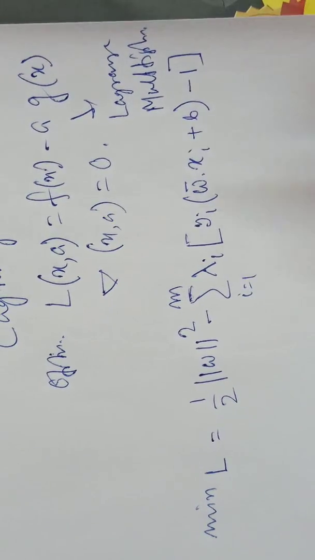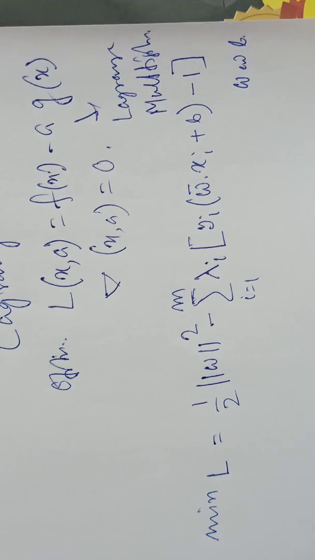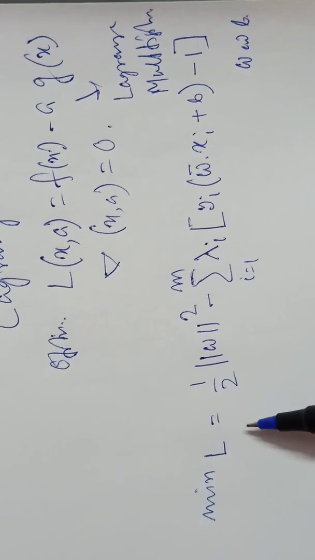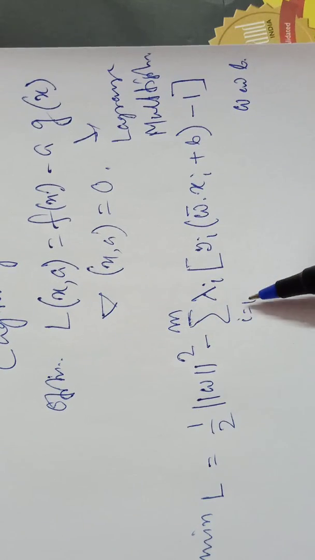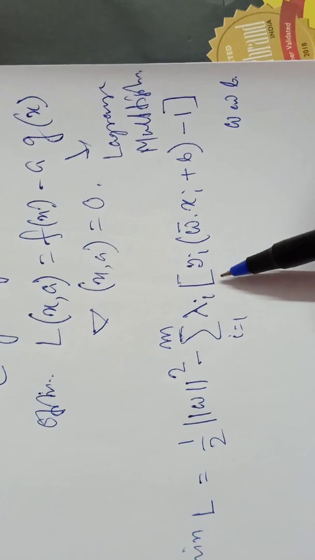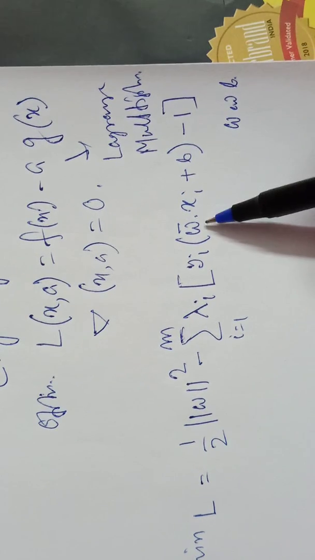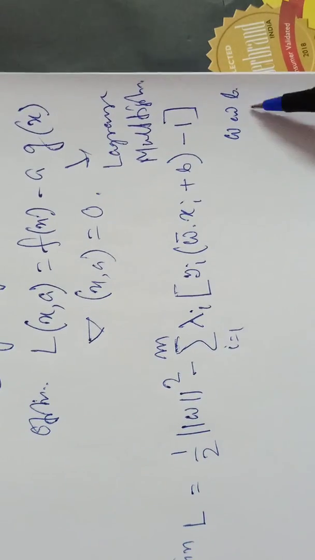Okay, right. So with respect to w and b, we have to find the minimum value of L, where L equals half of norm square minus the sum over i equals 1 to m of lambda i, where lambda is the Lagrange multiplier, multiplied with the g(x), yi (w xi plus b) minus 1. So we have to find this value here.